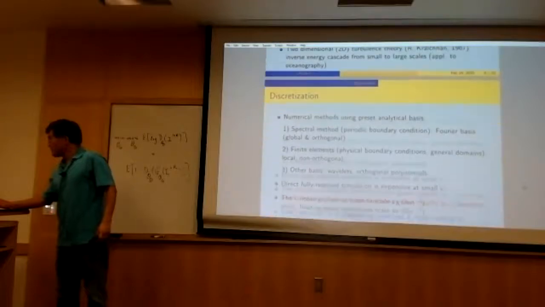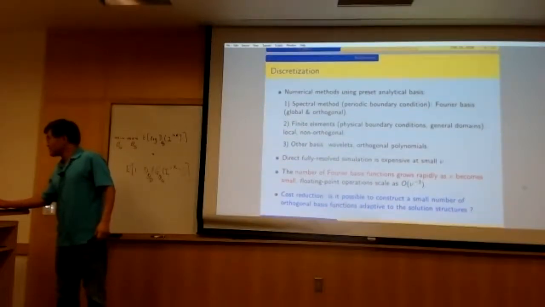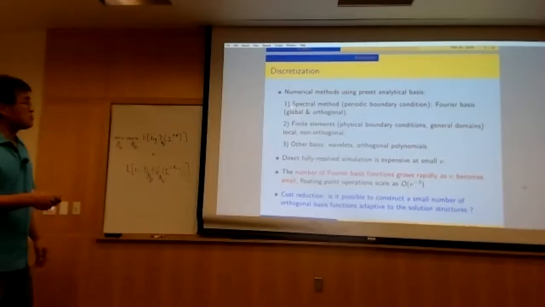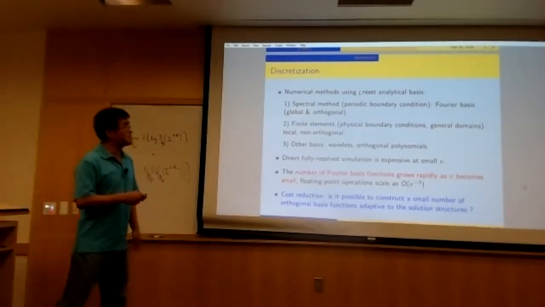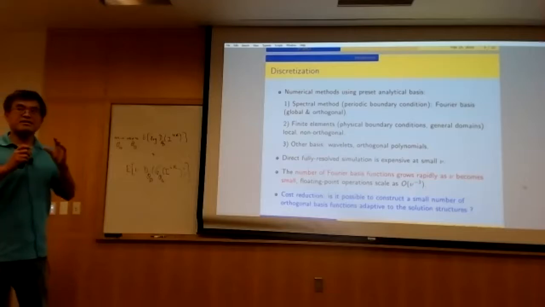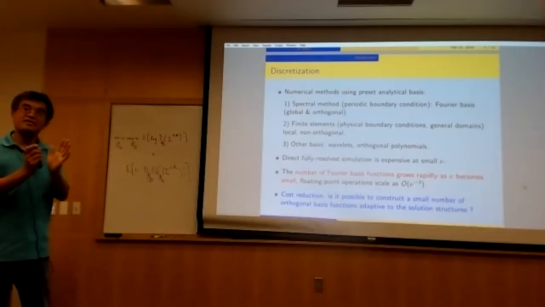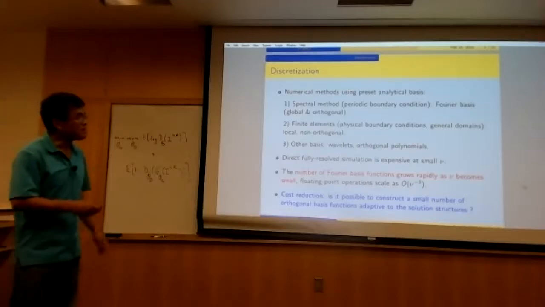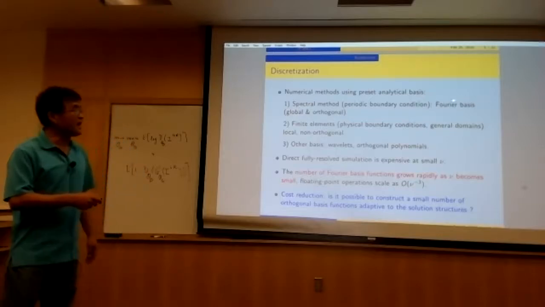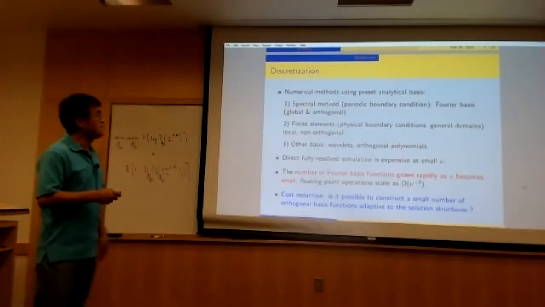Okay, so now let's talk about the discretization of the equation. There are several approaches to discretize the Navier-Stokes equation. All of these use the idea of representation in terms of basis functions. The classical orthogonal basis, the Fourier basis, is very elegant and analytical and so on.